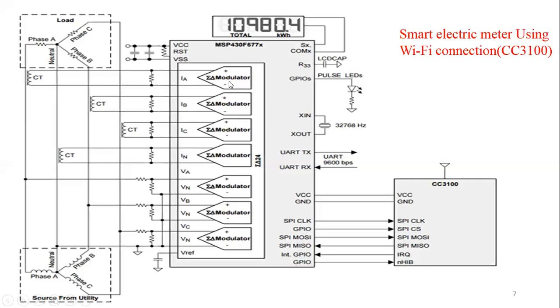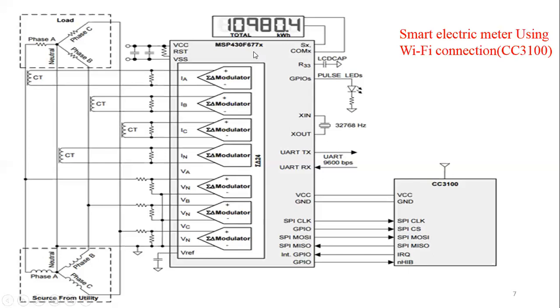Please observe, these are the 7 analog to digital converters. The top 3 will be used to measure the currents, the bottom 3 will be used to measure the voltages, and the center one will be used for the common neutral.